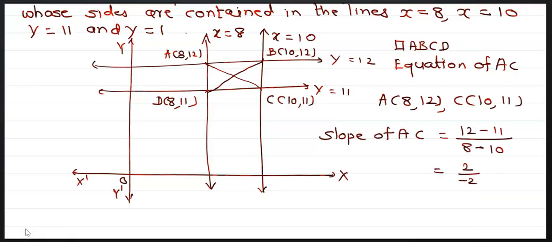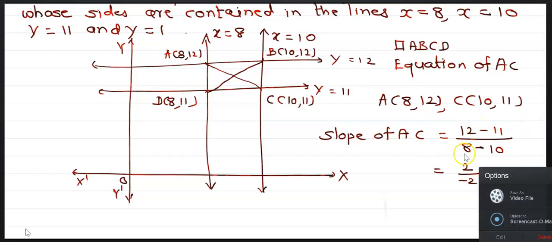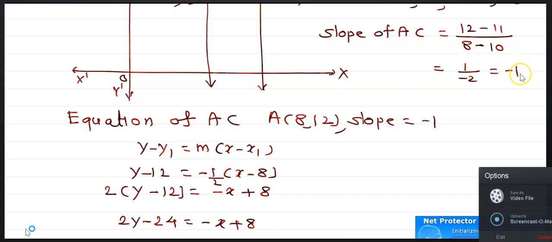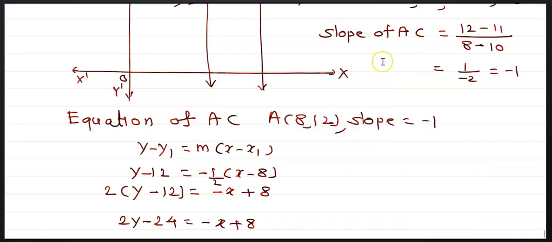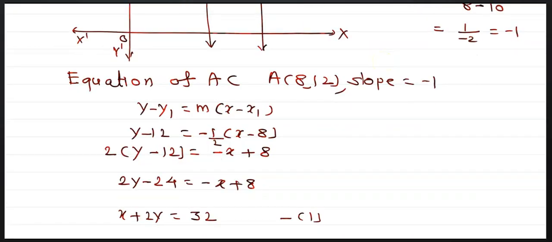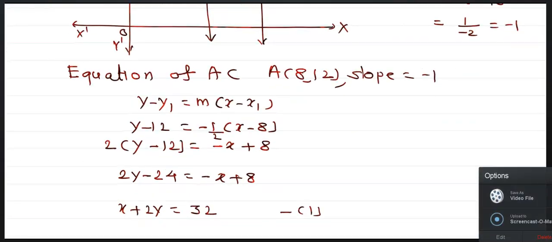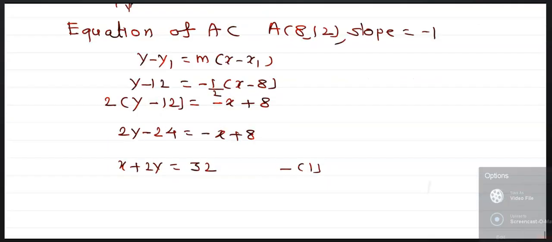Slope of AC, difference of y coordinates upon difference of x coordinates, that is 12 minus 11 upon 8 minus 10. Therefore, its slope is minus 1 upon 2. One small mistake is there. I am replacing it.